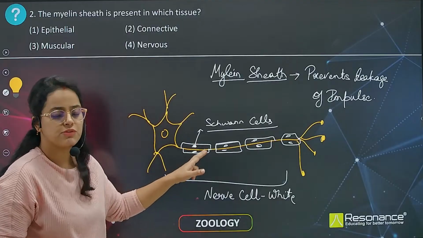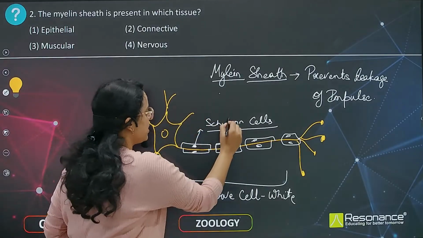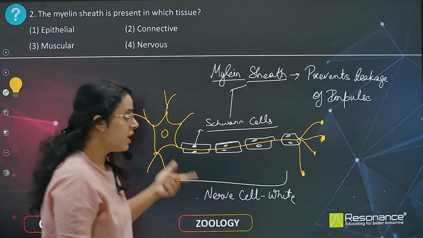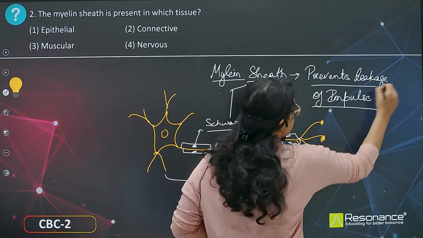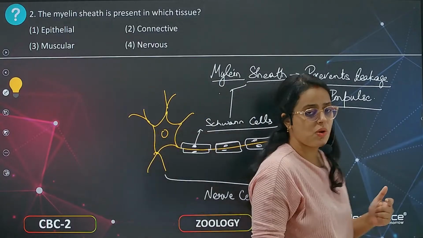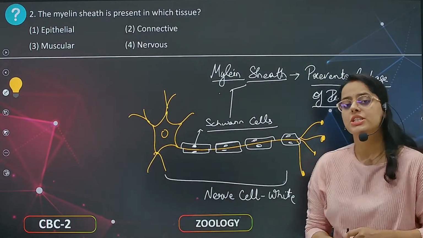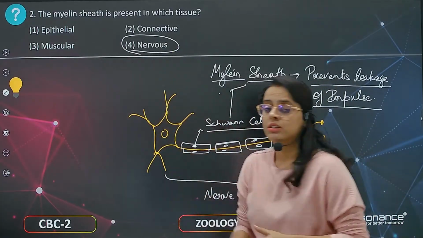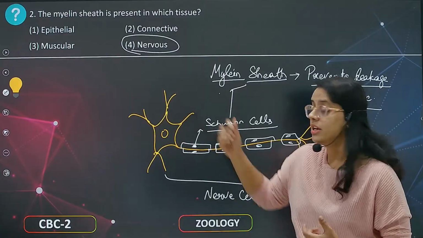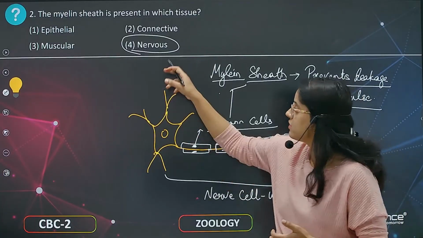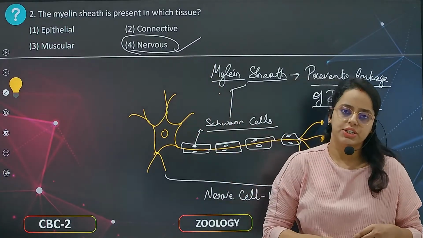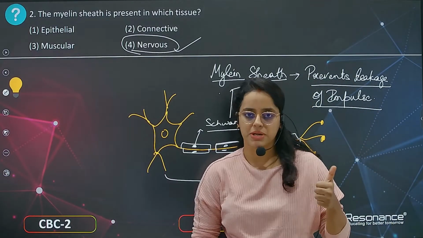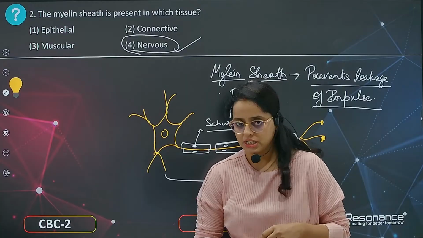So Schwann cells make the myelin sheath, which is whitish in color and prevents the leakage of impulse, or electrons, or sodium or potassium. This is very important, and this myelin sheath is specifically present in nerve cells, that is, neurons, and these neurons form nervous tissue. Nervous tissue is present in the central nervous system, that is brain and spinal cord, and the peripheral nervous system.